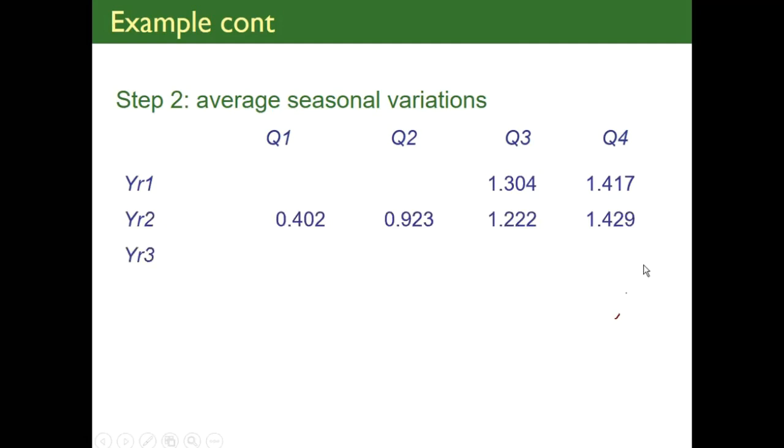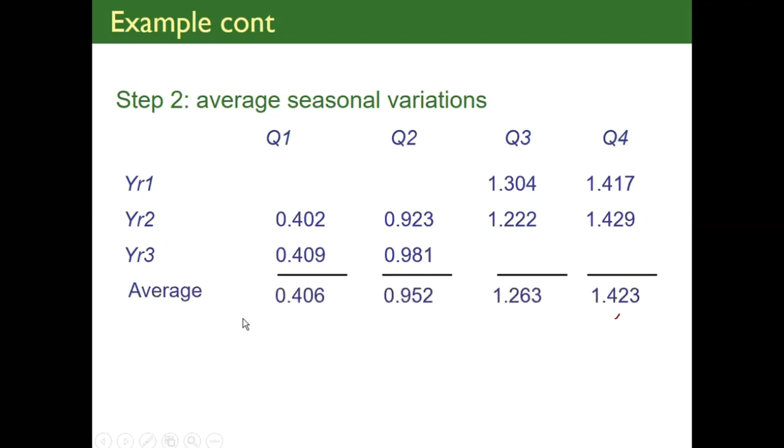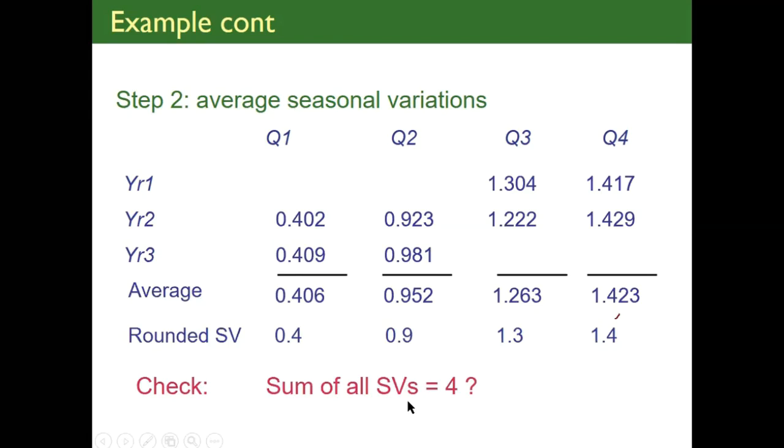So you can now take the average of these 2, and you can round to 0.4, 0.9, 1.3, 1.4, and the sum total should be 4. The sum total of these seasonal variations is 4. Okay, so now we've got the average variation. Now it is almost finished. We have almost calculated everything.